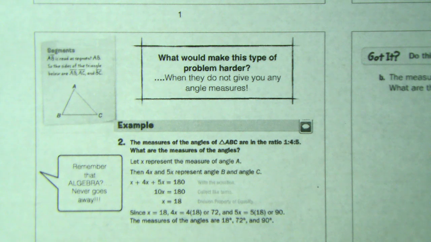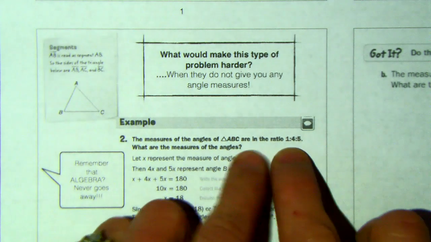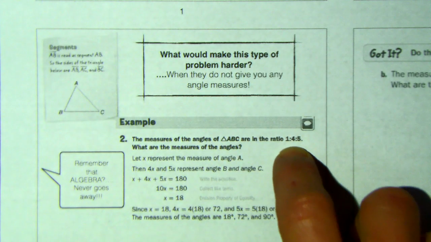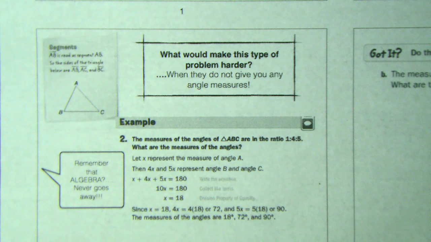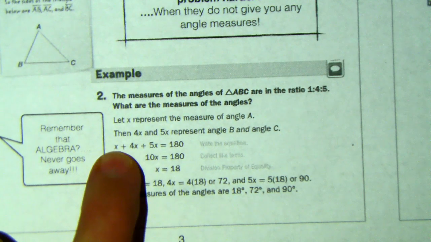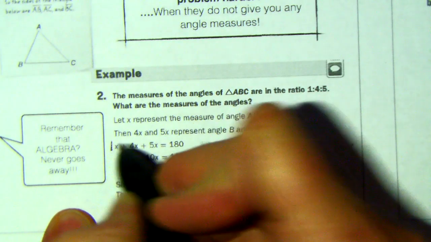Okay, so when they say they're in a ratio, what they mean is there's some unknown number, and that unknown number, when I multiply it times 1 is one angle. When I take that same number and multiply it by 4, that's another angle, and that same number multiplied by 5 is the third angle. So when they talk about ratios, this is exactly how you set it up. Take a look at it. They set up an equation, and they just have x, but remember that is a 1x.